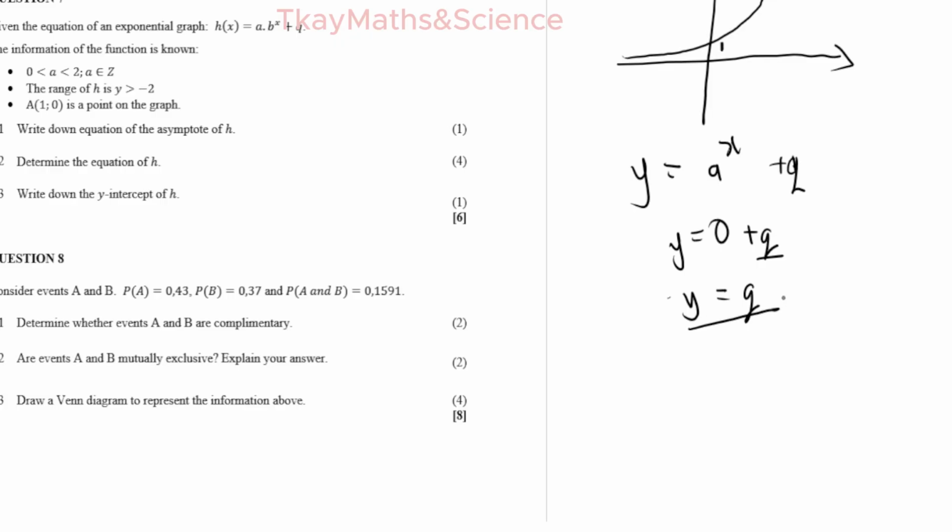That will be our equation of the asymptote, right? So the asymptote will always come from the constant which comes after this term. Normally if it's just y is equal to a to the x without a constant, then the asymptote will be y is equal to 0.